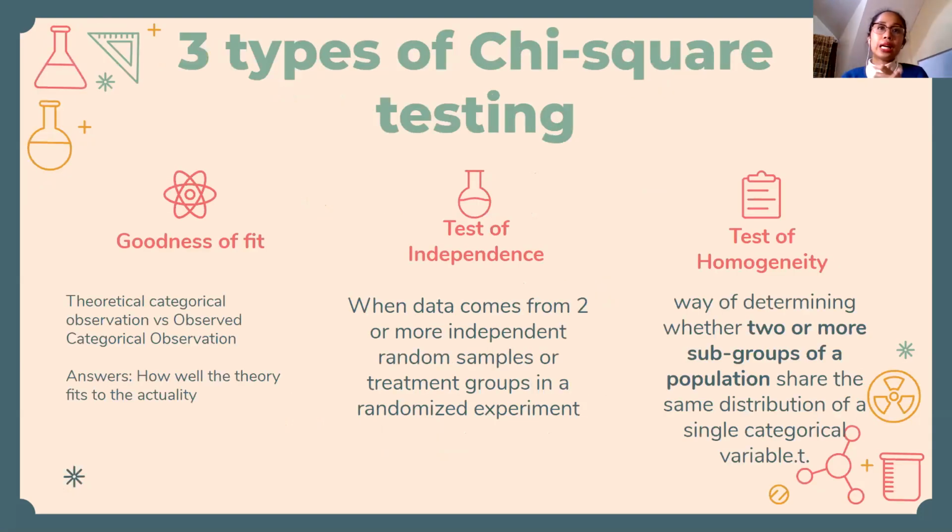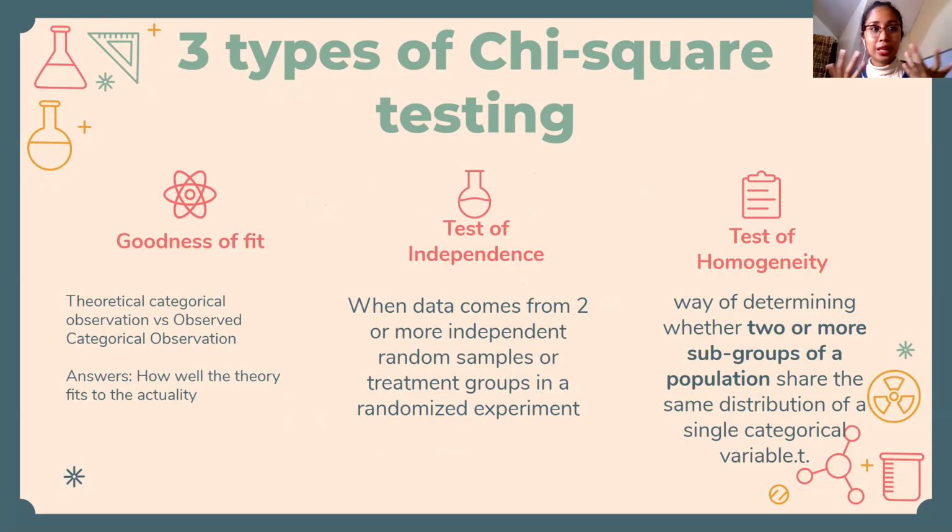So we have 3 types of chi-square testing. This is what we're going to focus on, goodness of fit. Basically here, we're going to compare theoretical categorical observation versus observed categorical observation. Basically, we want to answer how well our theory fits to the actuality.